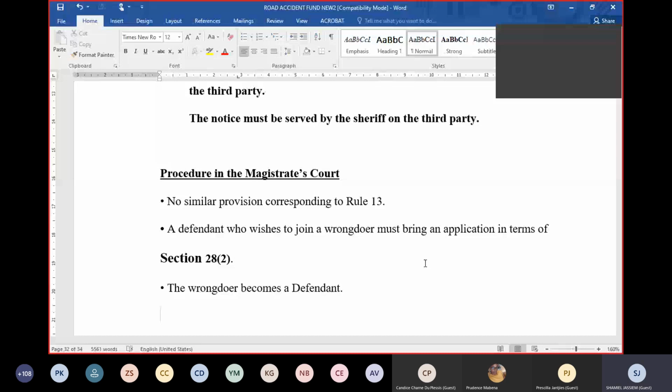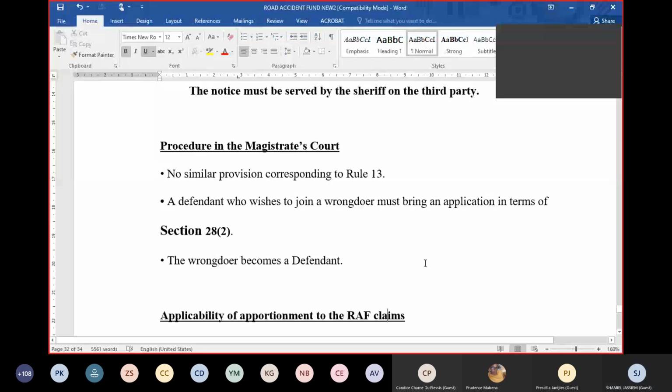So let's now look at, by having that background, knowing the competent orders that the court can grant when there's more than one wrongdoer, so when there are joint wrongdoers, the two competent orders.